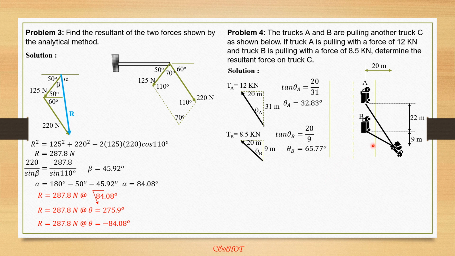Then the angle between these two tensions is equal to theta B, 65.77 degrees, minus theta A, 32.83 degrees. And that angle is this angle here.